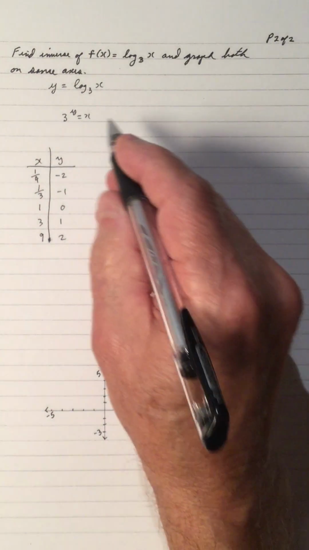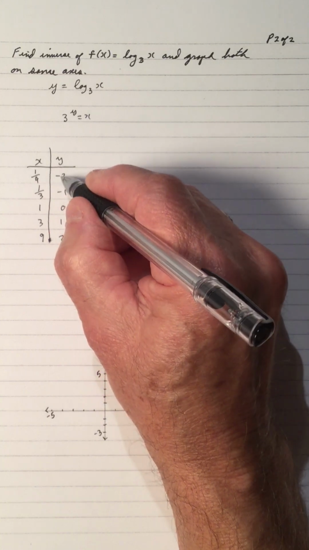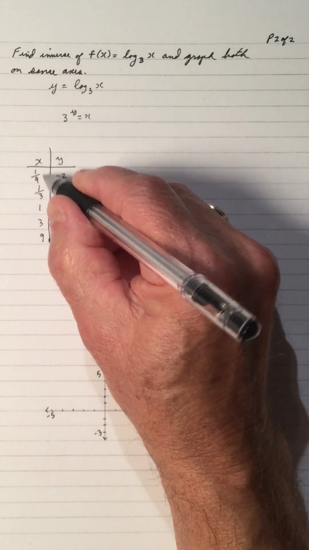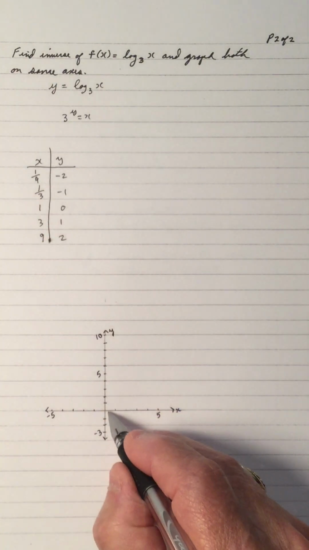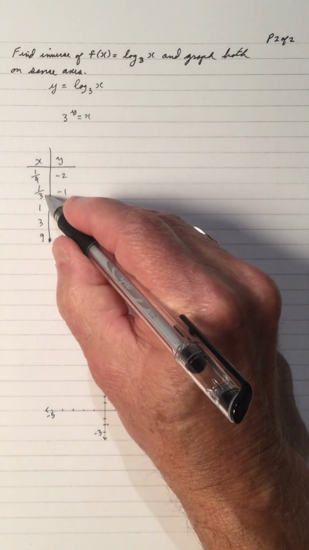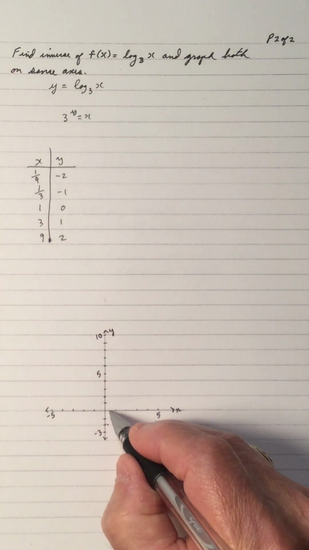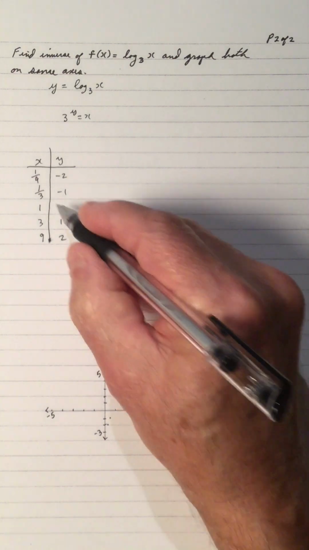So we can graph that one. Let's look at the x's and y's. X is 1/9, so 1/9 is right here, y is -2. X is 1/3, probably right here, y is -1.